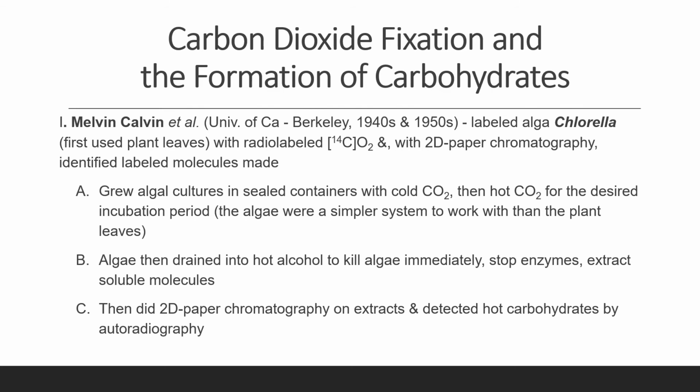Okay, the study began with plant leaves but soon shifted to a simpler system, which is actually the green alga Chlorella. So they used a simpler type of model organism.